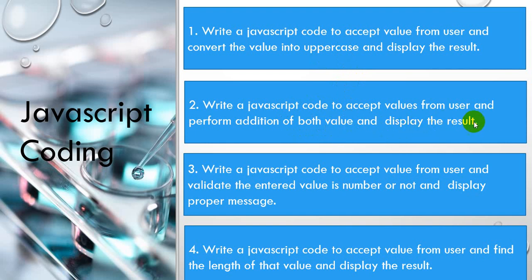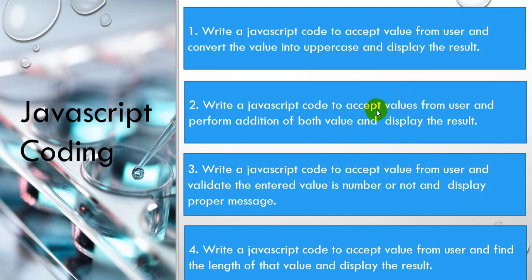So in this question, first we will declare two variables, one for taking input from the user, and the second for taking another input from the user. We perform the addition, and we will display the result of addition of both numbers. So basically in this question we will take three variables: two variables for the two values, and the third variable to display the result.